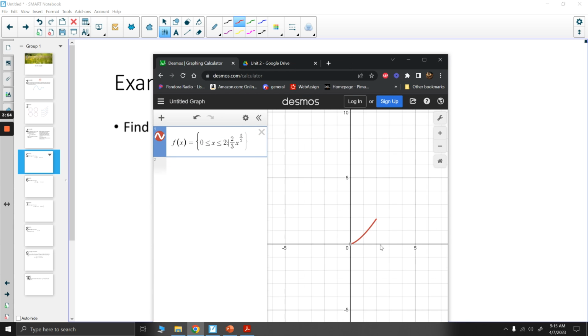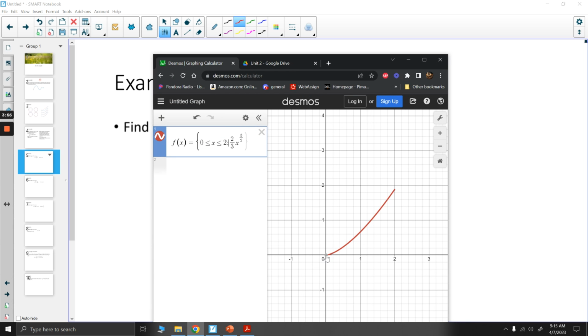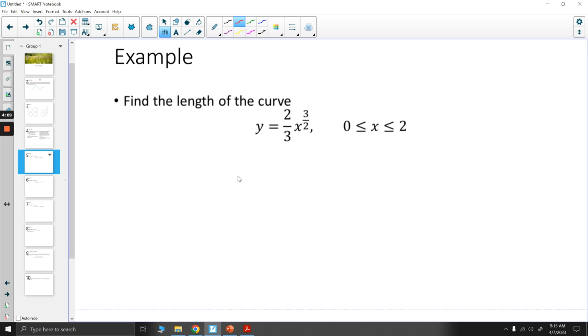So we're looking for this arc length here. Now, if you notice, this is basically the hypotenuse of a right triangle, and so we can always use that to see if we're close. We can just fit it to a triangle and get an approximation if we want. But let's take a look at this.